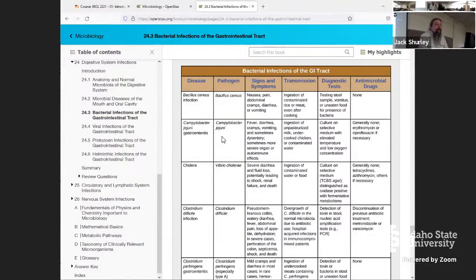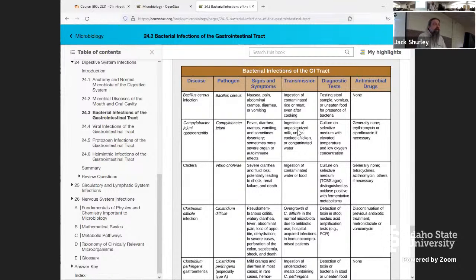Campylobacter, this is one of the top of the list why Louis Pasteur pasteurized milk in the first place. All right. Campylobacter jejuni is a nasty pathogen, and it's normal flora in cattle. And in the process of milking the cow, it's highly likely you're going to get some contaminants in there. All right. So ingesting it that way, unpasteurized milk or undercooked chicken, contaminated water, set the stage for that as well.